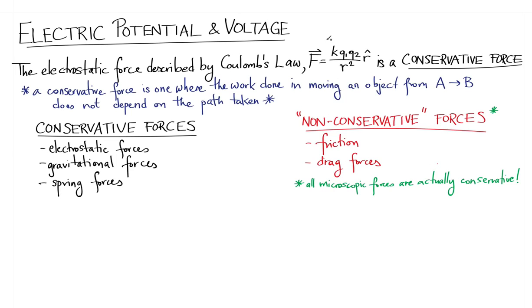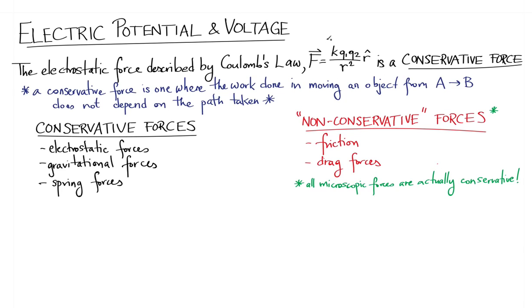In that latter situation, there was no work done on the box. In the former situation, there was work done because you're tired and sweaty from pushing this box for 2 hours. So clearly, friction and things where the amount of work done is path dependent are non-conservative forces.